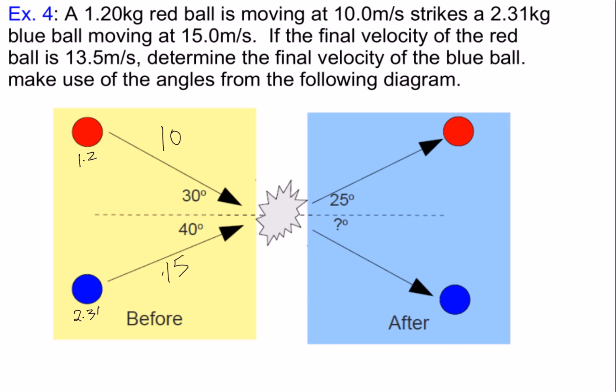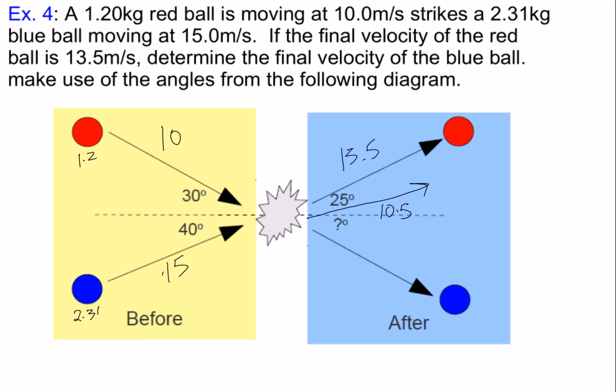And then after the collision, the red one was 13.5, and our blue one didn't go downwards, it ended up going upwards. And we calculated 10.5. If you think about that, the blue one was going faster, it hits the red, it shoots the red a little bit quicker, so it gave the red some speed but lost some speed, so it drops down to 10.5, so that seems realistic.